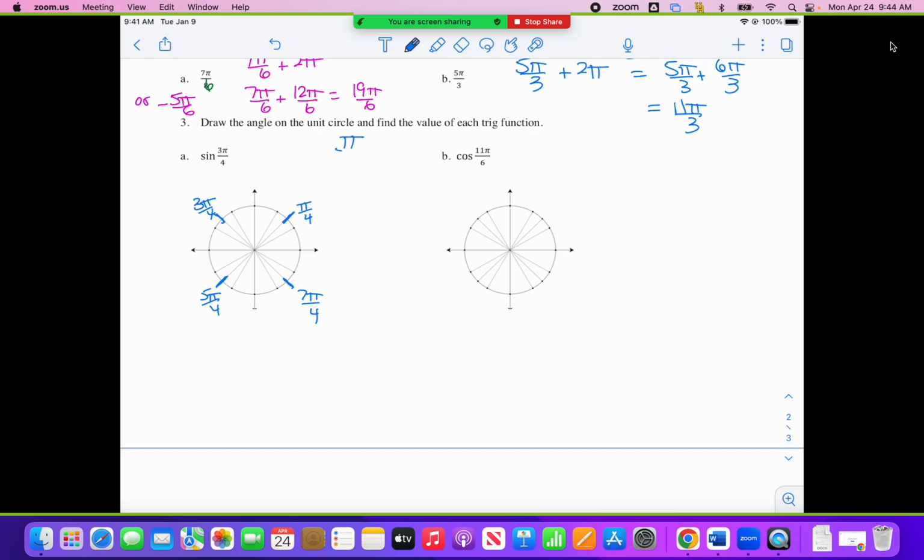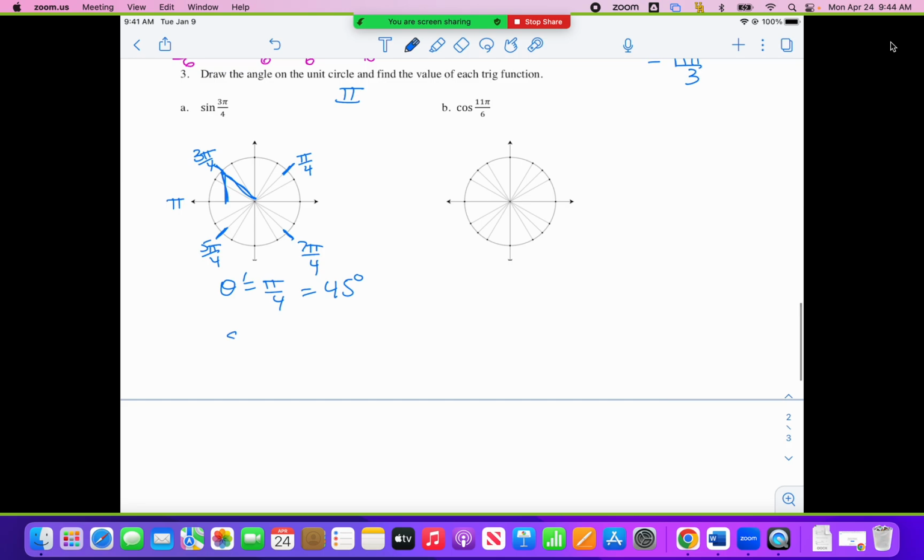So this is the second quadrant. What's the reference angle? How far is 3 pi over 4 to pi? Pi over 4. Well, pi over 4 is 45 degrees. So here's how we're going to work this. I'm going to do the sine of 45 degrees. Have you been doing these enough, or do you draw your triangles?